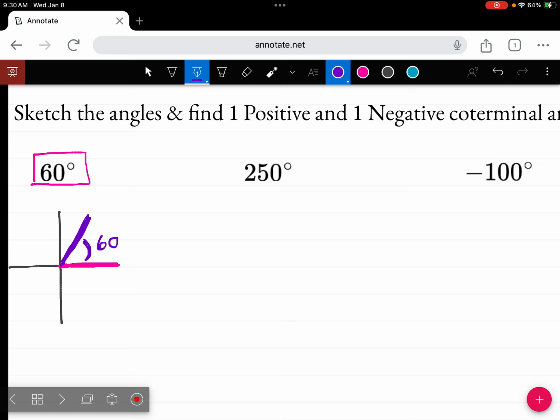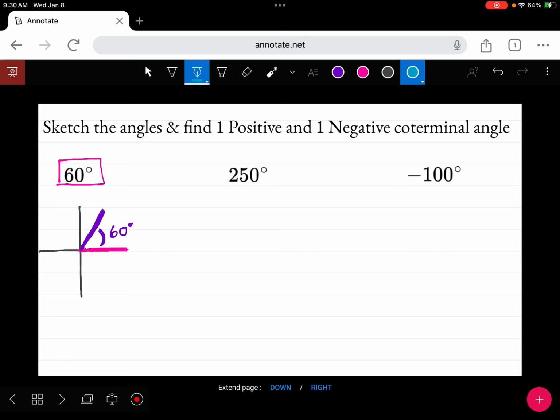If I want to find a negative coterminal angle, what is this going to be? Yeah, because we're taking our 360 minus the 60 to get that that angle is 300 degrees. But is it a positive 300 degrees?